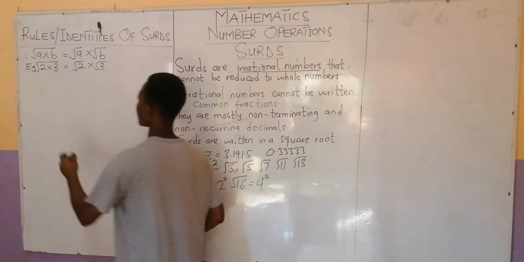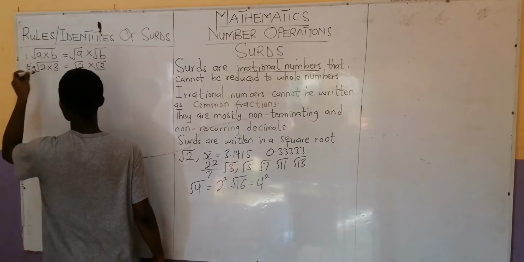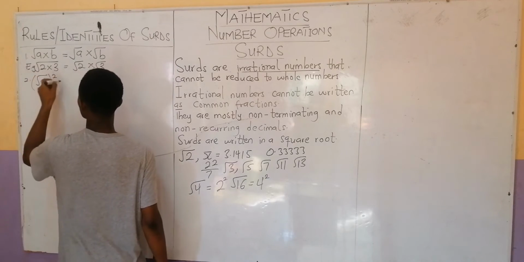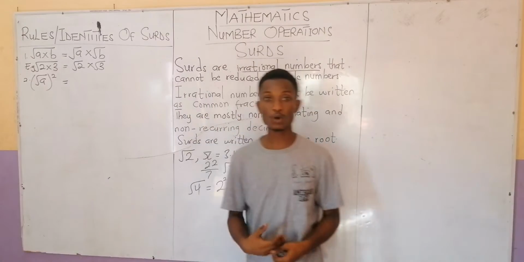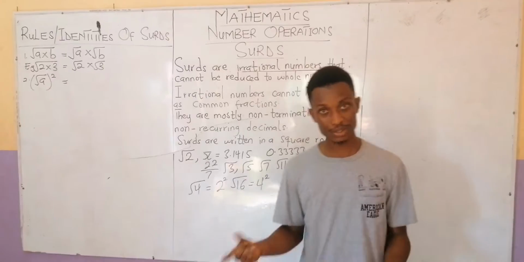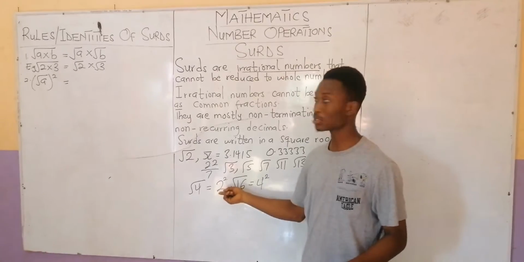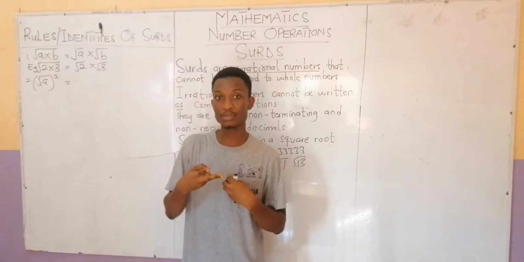The second property or identity says that if I have root of A all squared, now I have the square root of A squared. Squared in something means that the thing multiplies itself 2 times. So here it means root of A is multiplying itself 2 times.